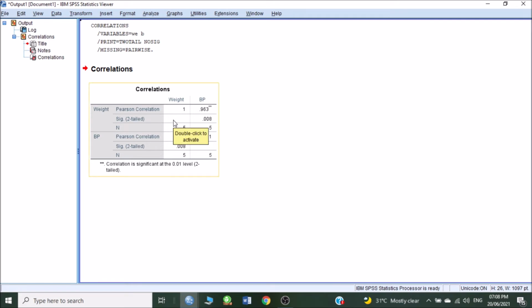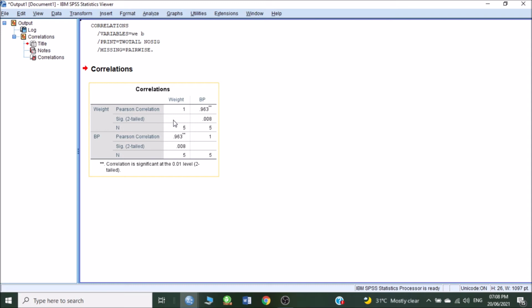Here, weight is the dependent variable, blood pressure is the independent variable. Based on this, we come to know the interpretation of weight as well as blood pressure.